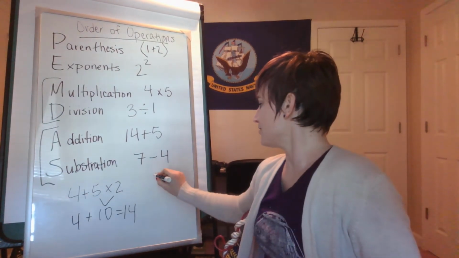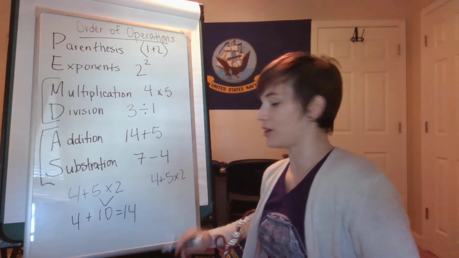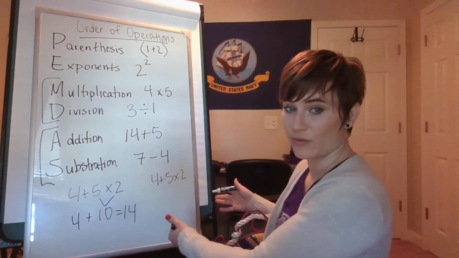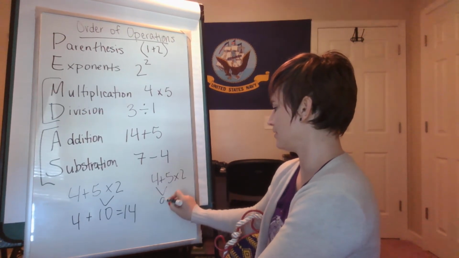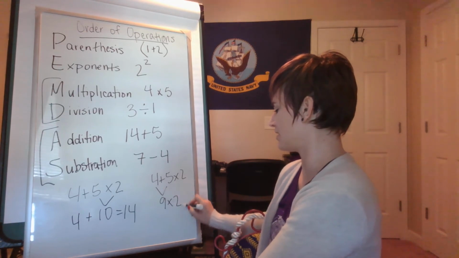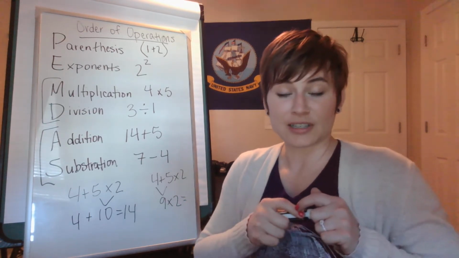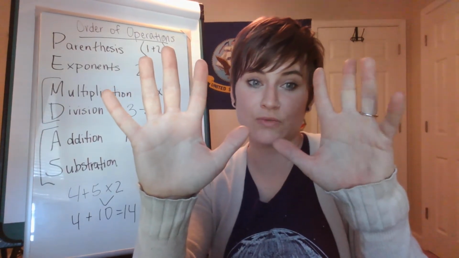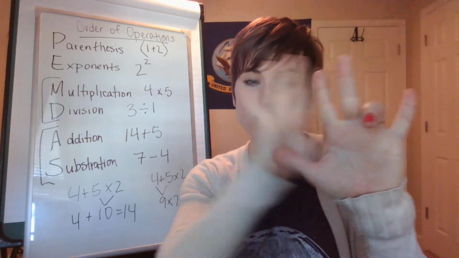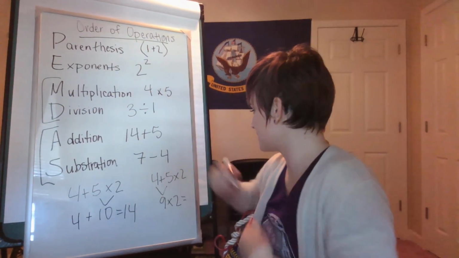If I did this a different way, so if I didn't use the correct order of operations and I just did it in whatever order they're in, so if I did 4 plus 5, I would get 9. Then I would have 9 times 2. And of course, it's going to be a completely different answer. So if you guys remember the 9 finger trick, then you do 1, 2. That's a tens place and 8. So 18 is the answer.